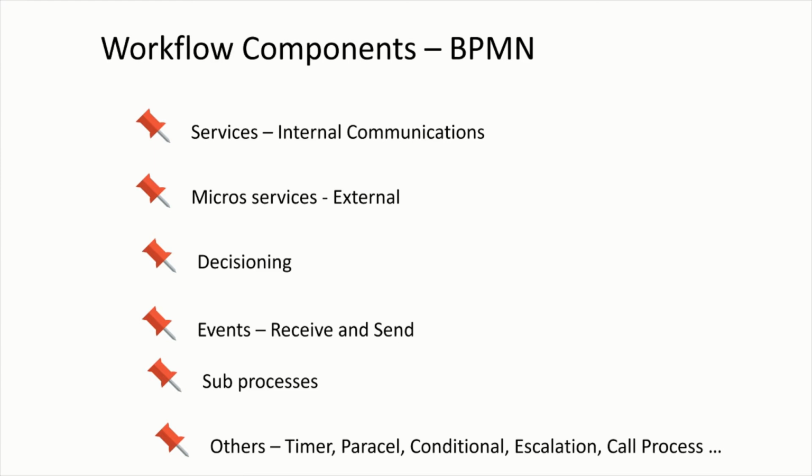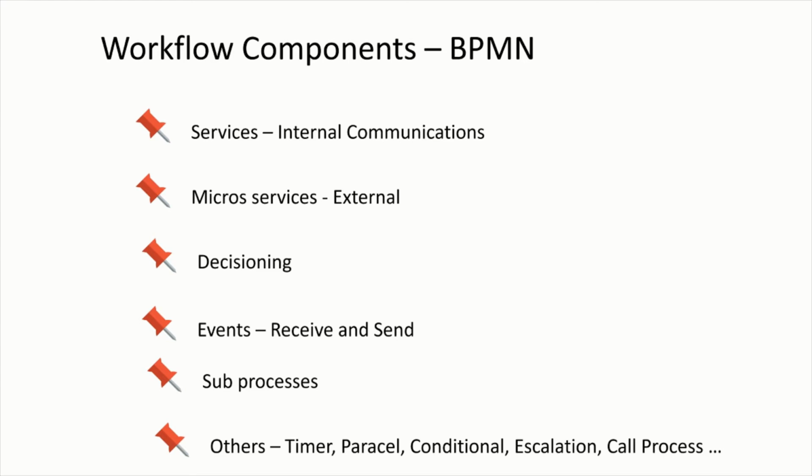Decisioning. This is decision tables. That's a collection of tables with the conditions and the results of the condition, a standard if-then style of decisioning, or we even have artificial intelligence, which we'll get into later. Events, receiving and sending events. This is the ability to hook in and bind messages to send and receive. So if you have something which takes time, it's waiting for an event.